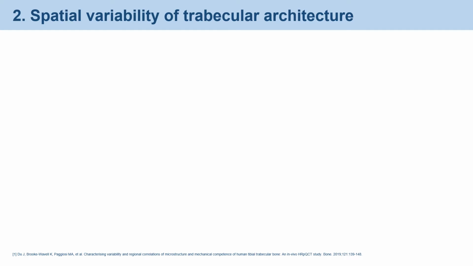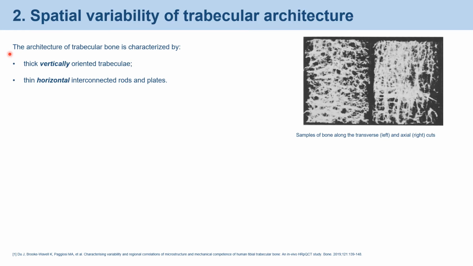Let's now talk about challenges in description of elastic properties of trabecular bone, and in particular about spatial variability of trabecular architecture. Firstly, architecture of trabecular bone is characterized by thick, vertically oriented trabeculae and thinner, horizontally oriented trabeculae, which may be present in the form of rods or plates.